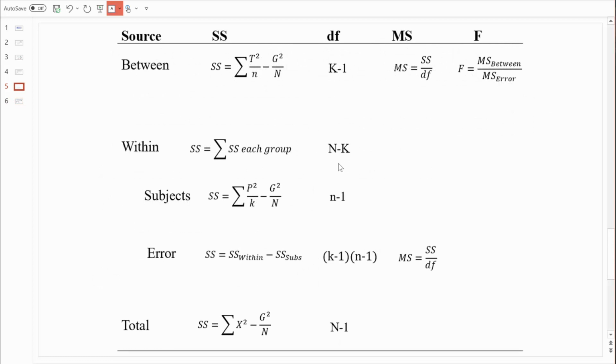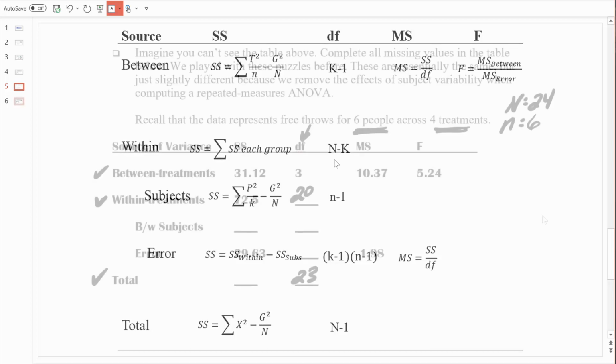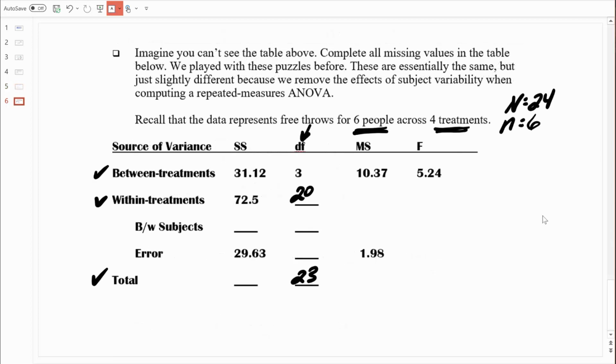That formula is right here, big N minus K. In that example, we measured people attempting to make free throws 4 different times, so K equals 4. If the formula for degrees of freedom within treatments is N minus K, 24 minus 4 does indeed equal 20. So it looks like we're on the right track.